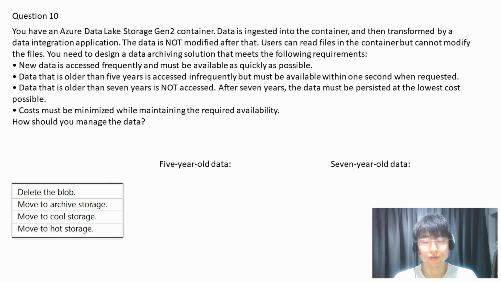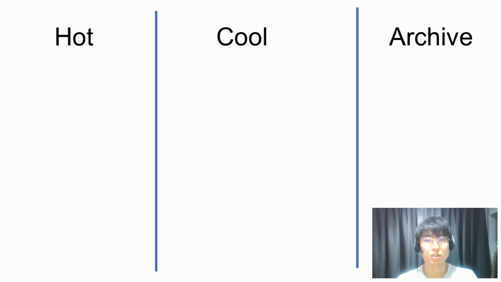And we need to look for the solutions for the 5-year-old data and 7-year-old data. So the question deals with blob storage tiers. So there are 3 tiers, right? There is hot, cool, and archive. And they're pretty easy to understand and pretty intuitive as well.